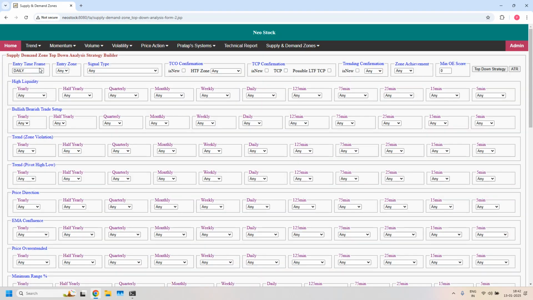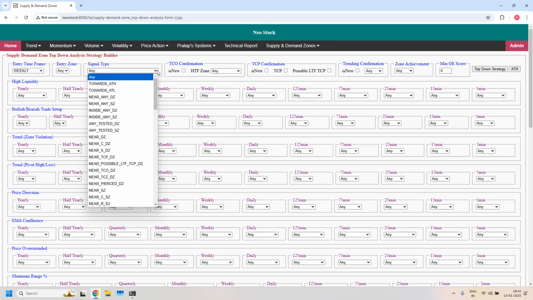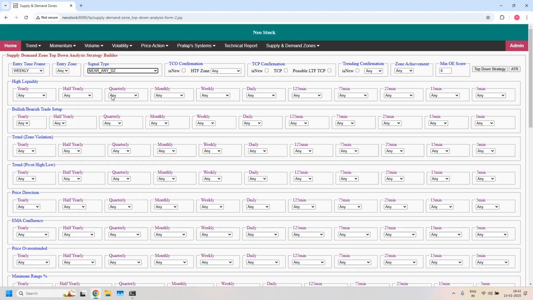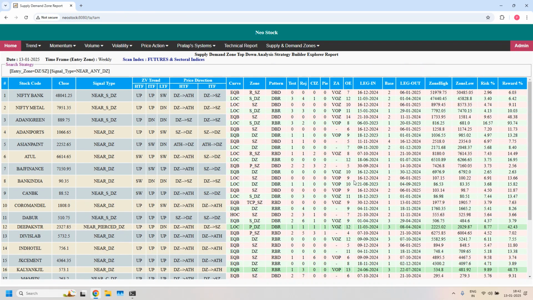Next time frame is weekly. Weekly stocks near weekly demand zone. First 16 stocks in the list.